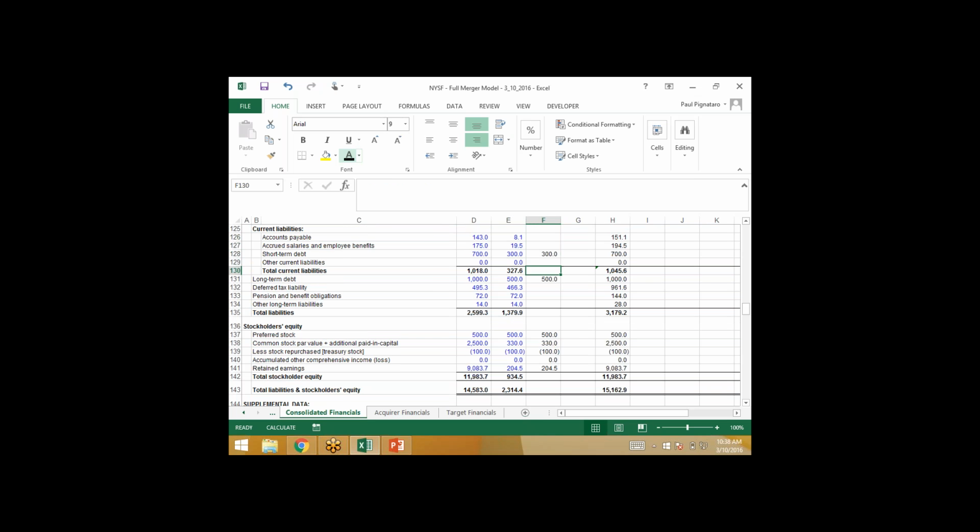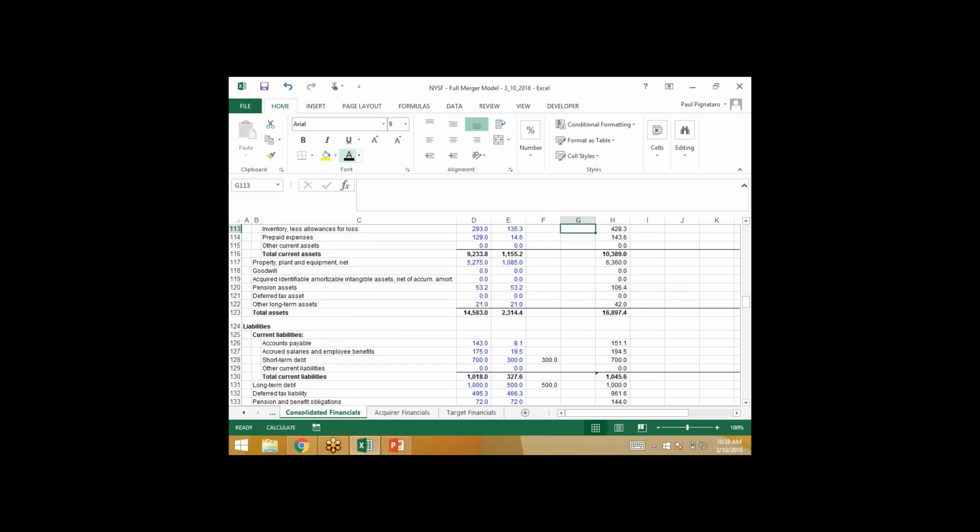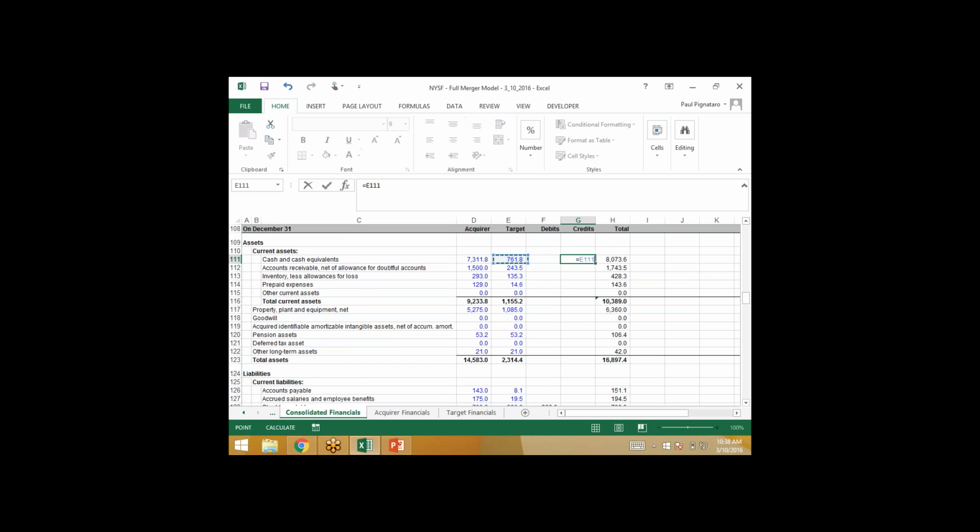Done. And credit out the cash, because when you get to the cash side, it's the opposite. Removing cash is a credit. I'm going to credit the cash account, leaving us with just the acquirer's cash and net debt because the target's we've paid off.